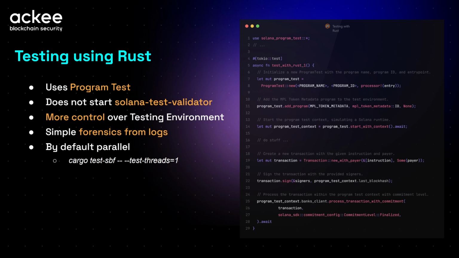From my point of view, this testing approach has more control over the testing environment. You will see in the later part of this lesson that you can manually set accounts, for example, or system variables and so on, which is not possible using the Anchor framework.